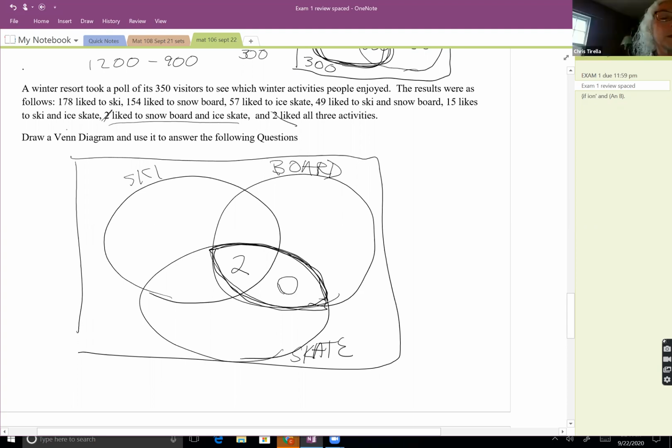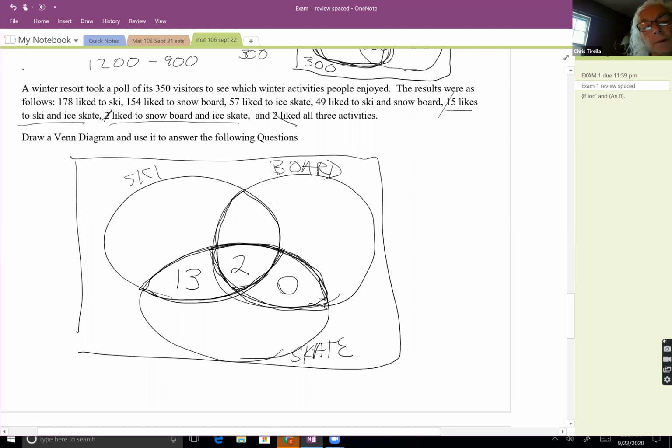15 like to ski and skate. Ski and skate. So that has to add up to 15. How many are in there already? 2. So we need 13 more. Yep. 49 like to ski and snowboard.